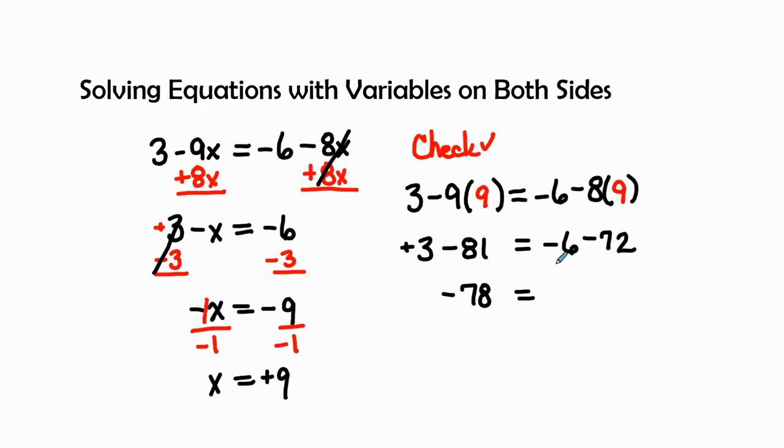I have 6 negatives here, I have 72 negatives. So together I will have 78 negatives. Wow, this checks. And so we know that our answer of x equals positive 9 is our solution.